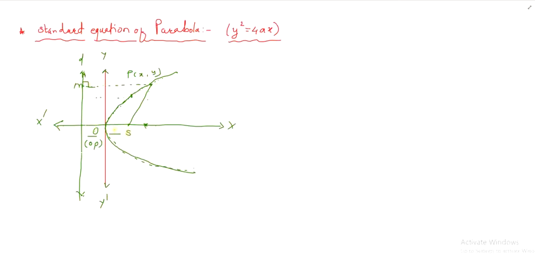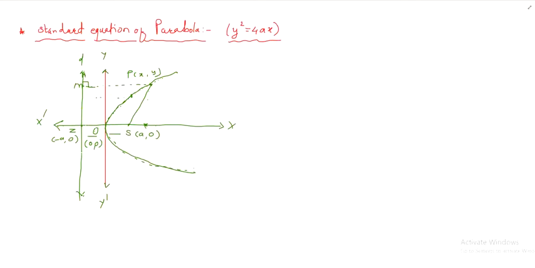We take OS purposefully as A. Therefore, S has coordinates (a, 0), and here we take a point Z whose distance OZ is again A, but since Z lies to the left side of the y axis, on the negative x axis, its coordinates are (minus a, 0).